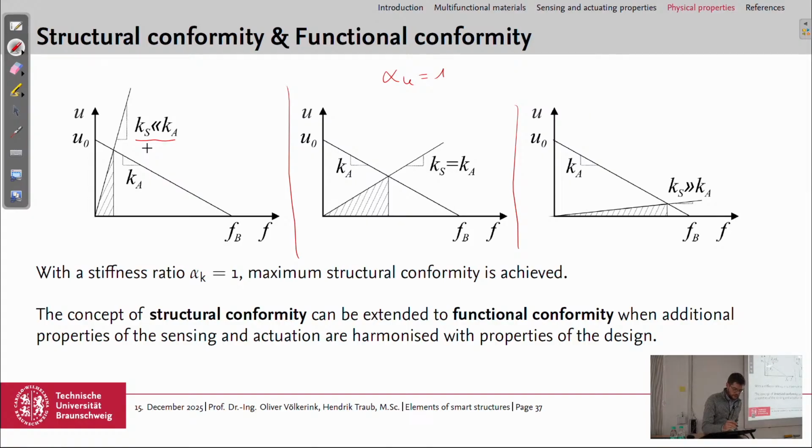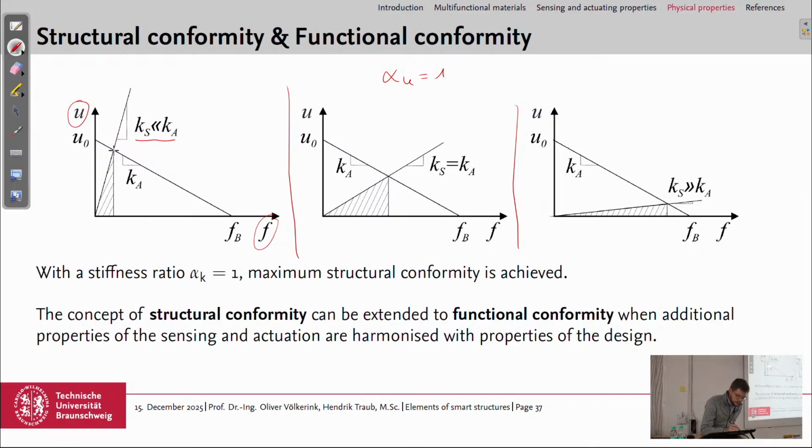Here we have the axes changed from what we are used to. Usually the force is here and the displacement is here, and therefore a higher slope would be a stiffer material. But since we changed axes, a higher slope for Ks now means we have a less stiff surrounding structure.